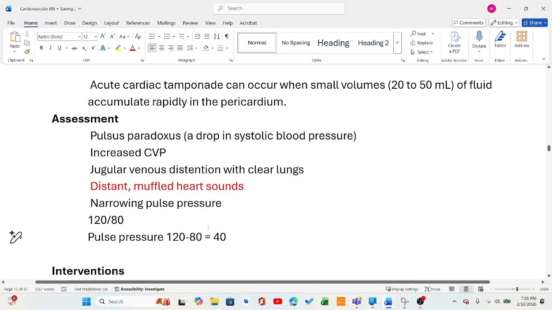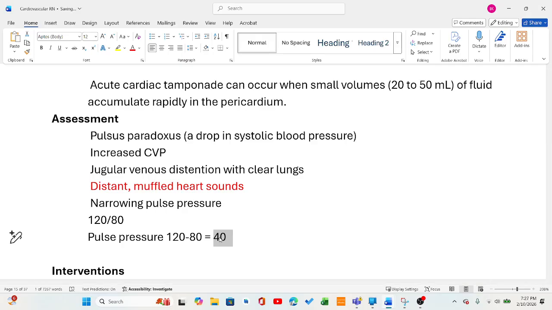This value, 40, the difference between the systolic and the diastolic, is what we call the pulse pressure. So when it gets narrower and narrower, then definitely it's a sign that the patient is having cardiac tamponade and this person has to be prioritized.